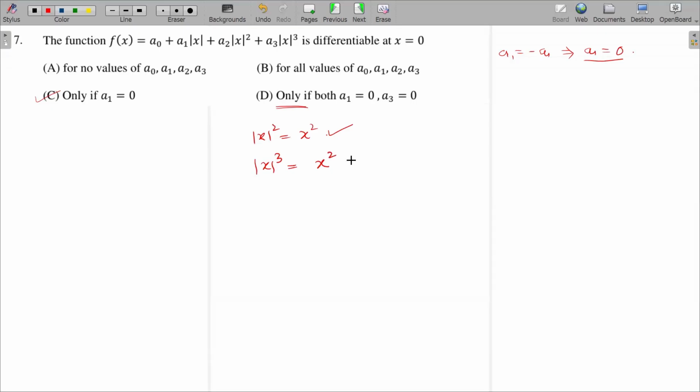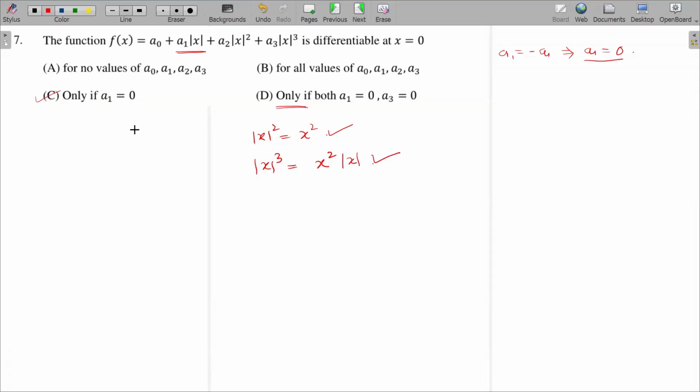And x square into mod x is everywhere differentiable. So the only fellow who will create a problem is this one. So we have to get rid of this at x equal to 0, and only this. So you have to make a1 zero. Yes, sir. This is why option C is the only true one, because we are asking only if.